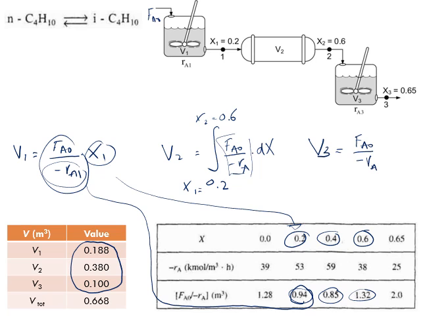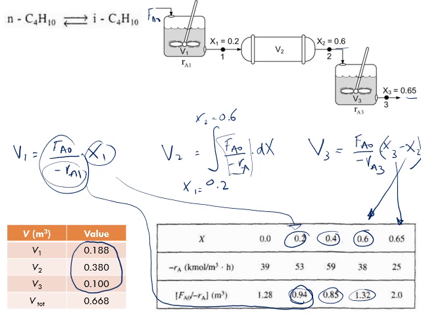So V3 equals FA naught over minus RA3 times X3 minus X2, right? Okay, what is X3? Well, X3 is this guy, right? And X2 is this guy, as you can see here.